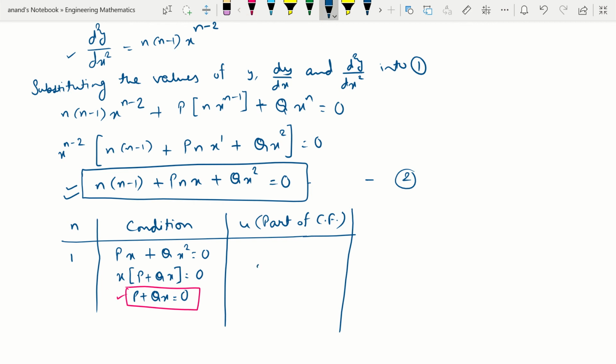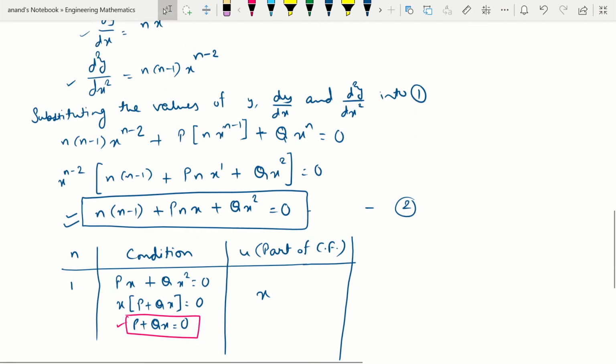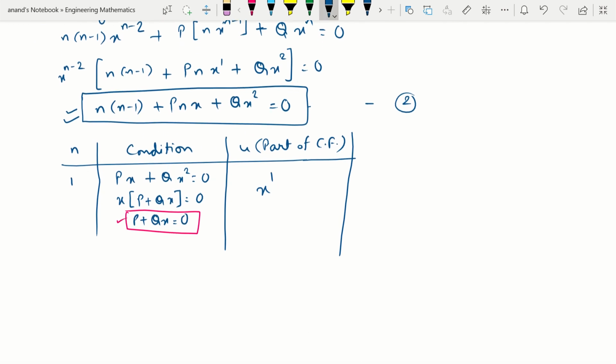Here we have taken the value of n as 1, so complementary function will be x to the power 1. If we take the value of n as 2, in that case we will obtain the condition as 2 plus 2px plus qx square equals to 0, and hence we get u, or a part of complementary function, as x square.